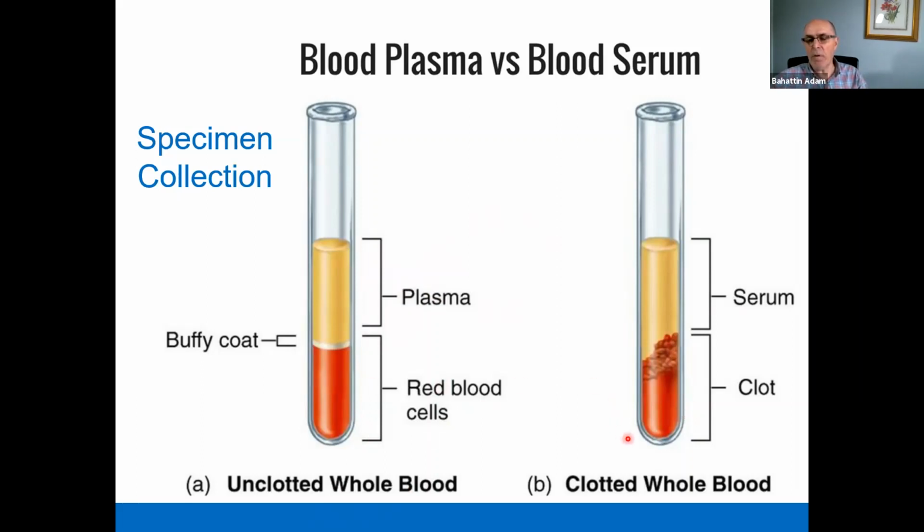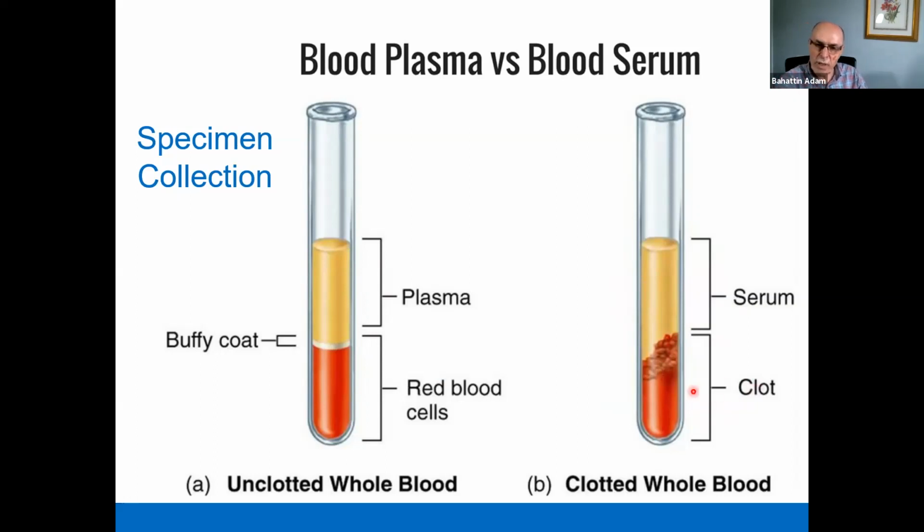Now, if you withdraw the blood into a tube without anticoagulants, that means the blood will clot, and the supernatant, which we call serum, and the precipitants, which is the clot.